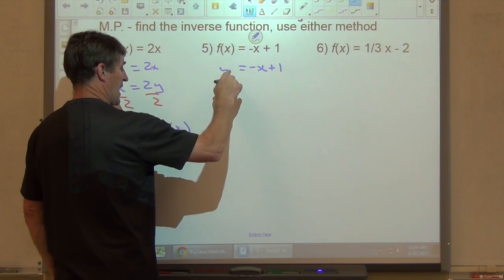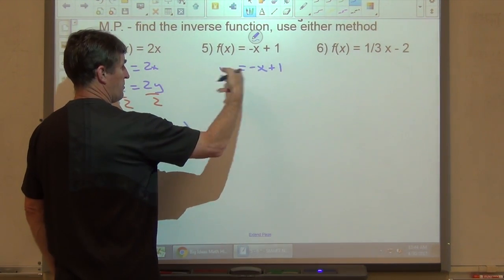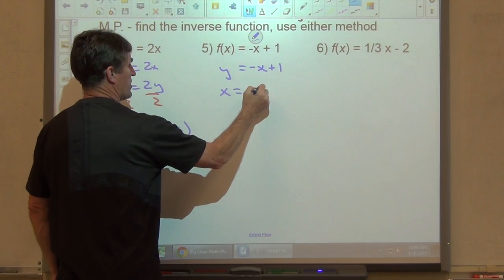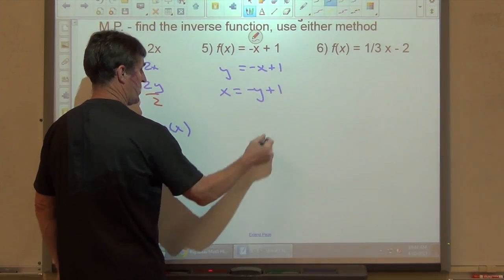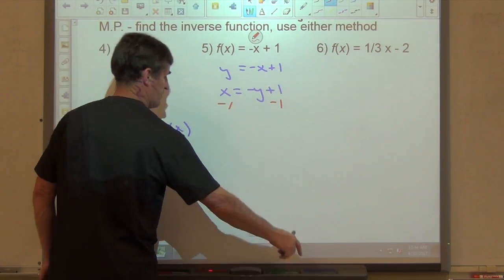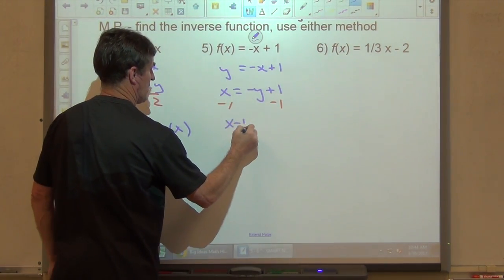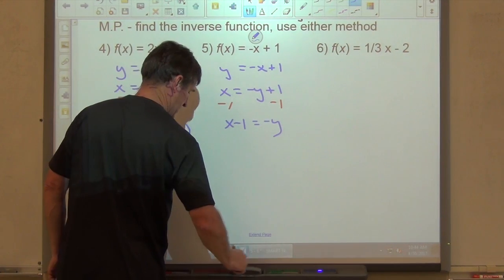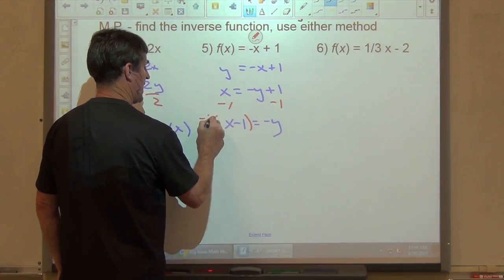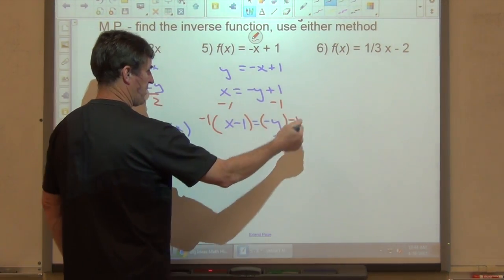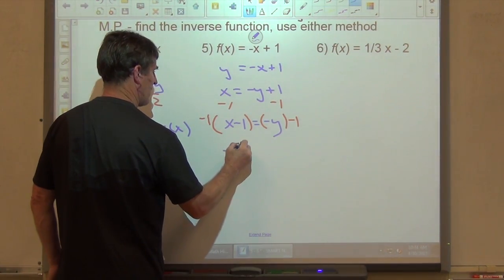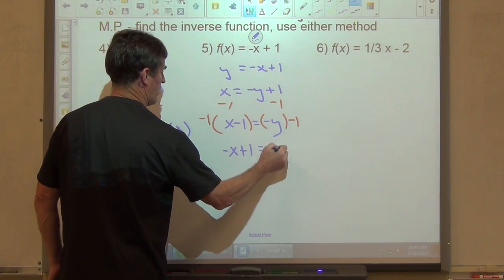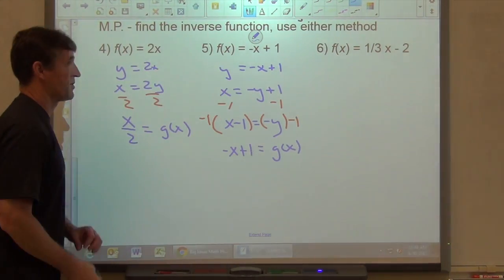Now you keep the sign where it's at, you don't move the negative sign, so it becomes x equals negative y plus 1. So we subtract 1 and get x minus 1 equals negative y, and then multiply by negative 1 to get rid of that negative, or divide by it, doesn't make any difference. And you get negative x plus 1 equals our g of x for the inverse function.